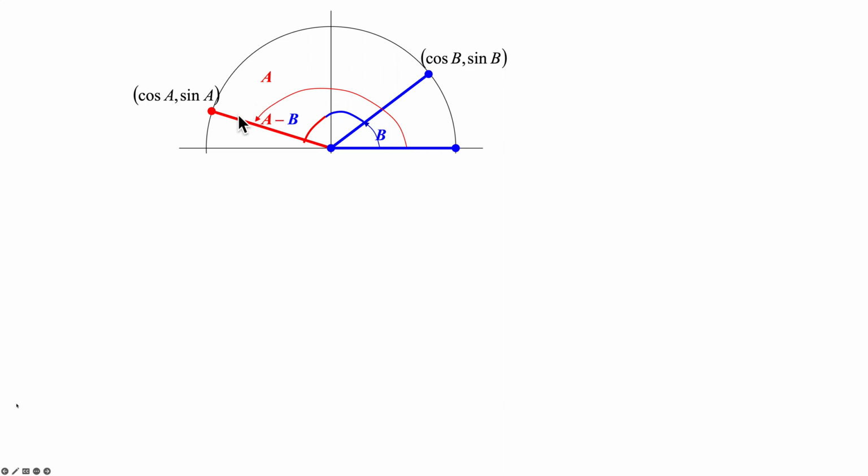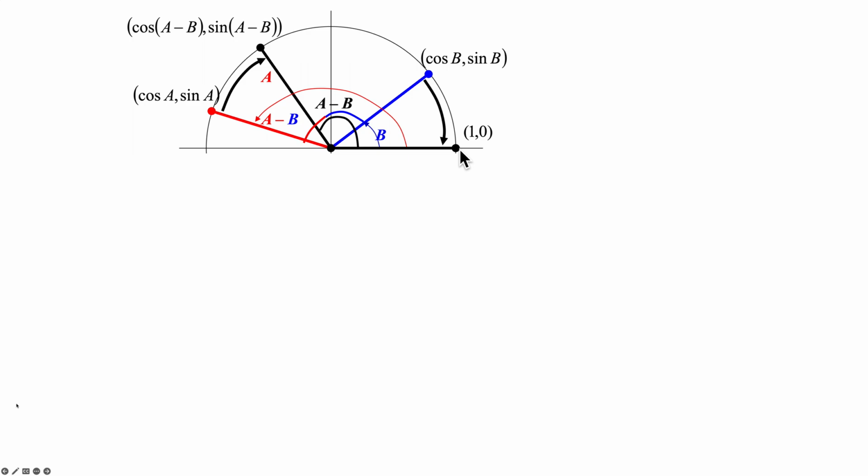So let's rotate the red and the blue of the A minus B. We're going to rotate them so this side is down on the initial x-axis. And then what I have in black, initial side, terminal side, is the exact same size as what the blue and the red are. They're both A minus B. So this point here, now we can declare it on our unit circle as cosine of A minus B, comma, sine of A minus B. And again, we're at our initial point down here at 1, 0.